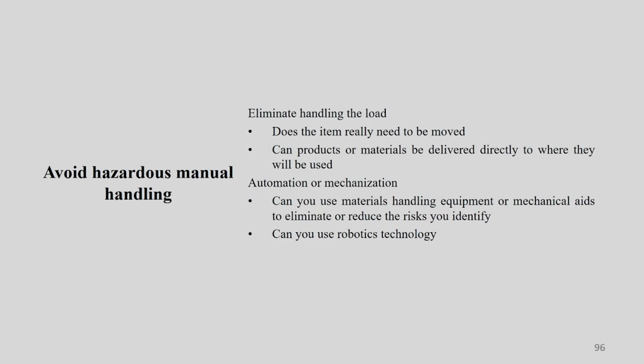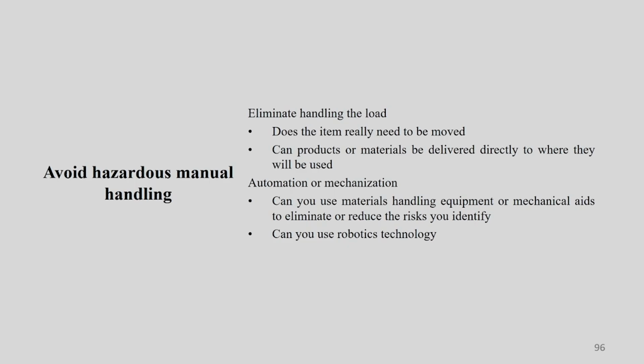But in some cases both are not possible. It is not possible to eliminate manual material handling, and it is also not possible to introduce mechanization or robotic technology. So the human has to do the job.